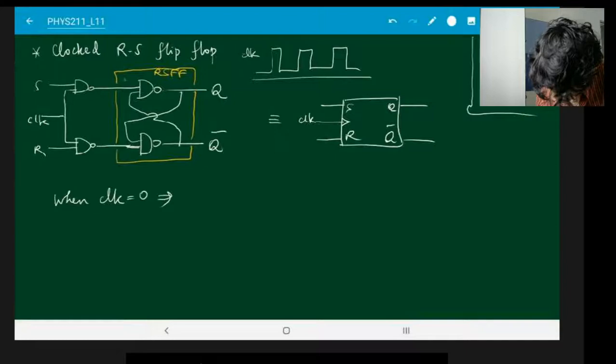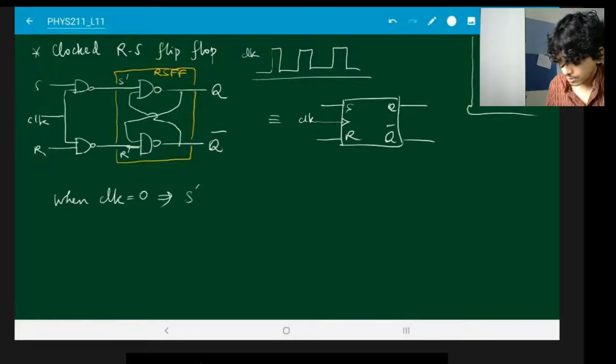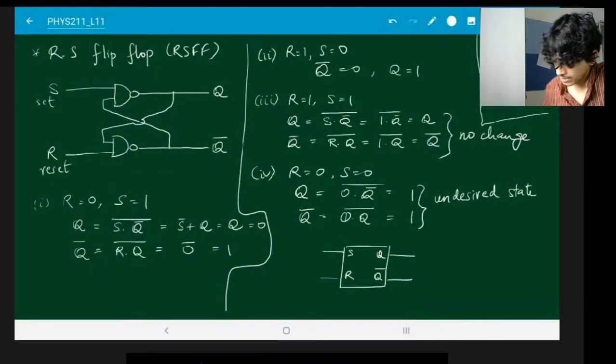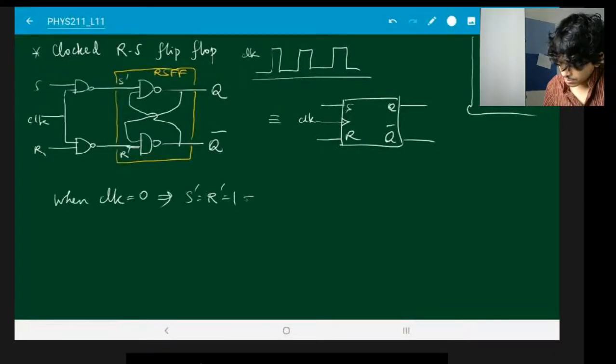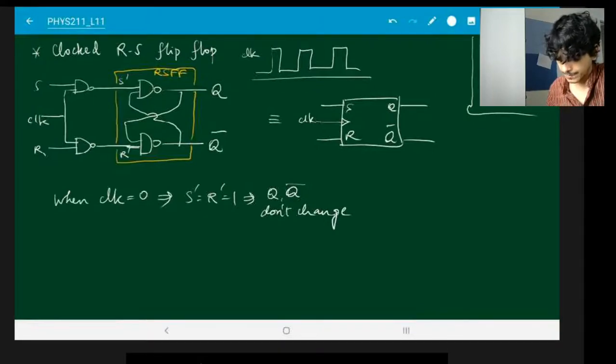Let's call these S prime and R prime. So when clock is 0, S prime and R prime are both 1. And now if you go back and see what happens to your RS flip-flop when both of these are equal to 1, this is the no change state. So Q and Q bar don't change. The previous state is still retained.